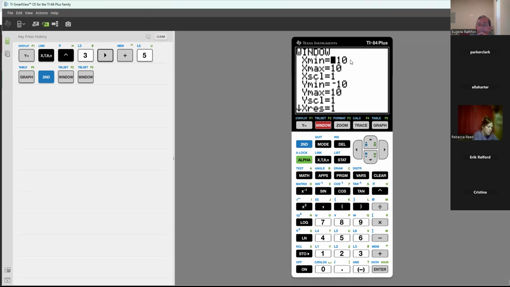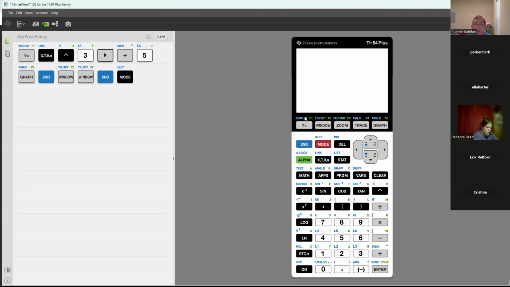Exactly what yours is showing. Okay, so now let me ask you this. When you're on the y equals, is plot one, plot two, or plot three highlighted? Plot one. Okay, we got to turn that off. How do you do that?